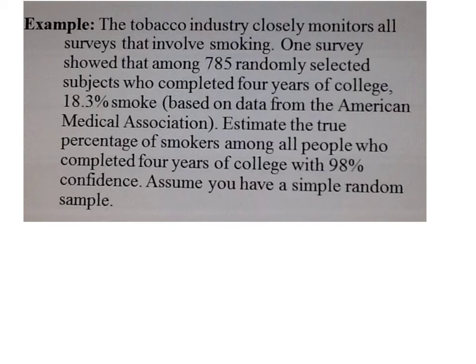So here's an example of a problem involving a confidence interval. The tobacco industry closely monitors all surveys that involve smoking. One survey showed that among 785 randomly selected subjects who completed 4 years of college, 18.3% smoke. So from that sentence, I know that this 18.3% came from a sample of 785 randomly selected subjects.